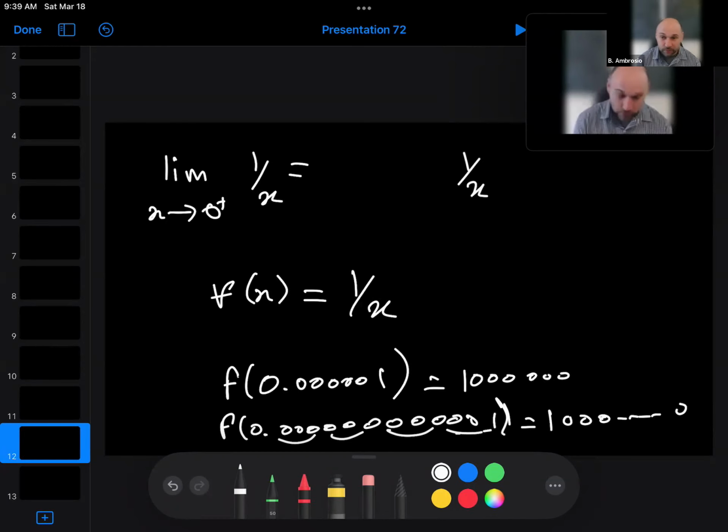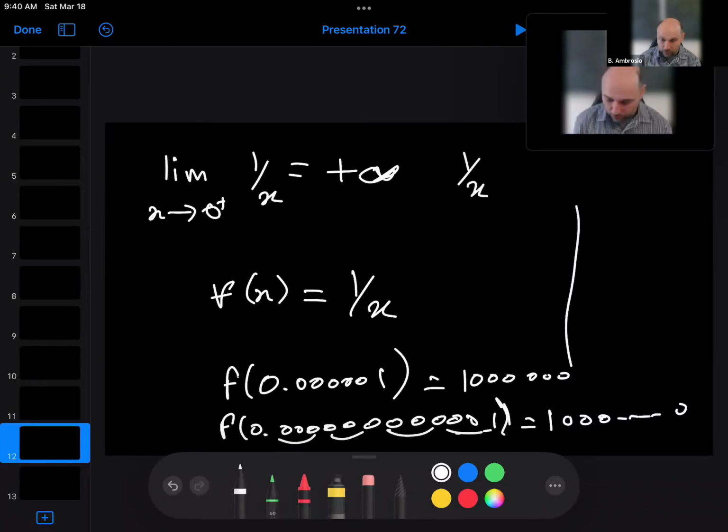So in fact, the response here is what is infinity. This has a precise definition, but I don't want to give it right now, okay? This is a limit. You cannot divide by 0, but you know that as you approach 0 with positive numbers, the image becomes larger and larger and larger.